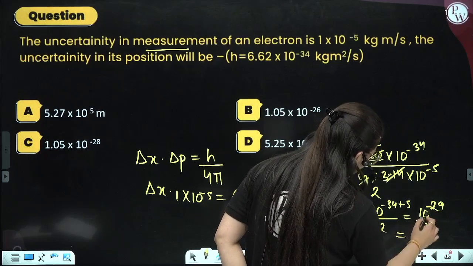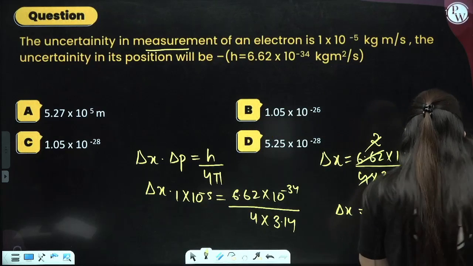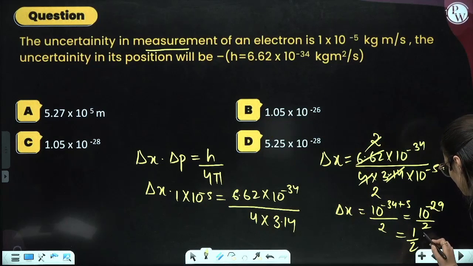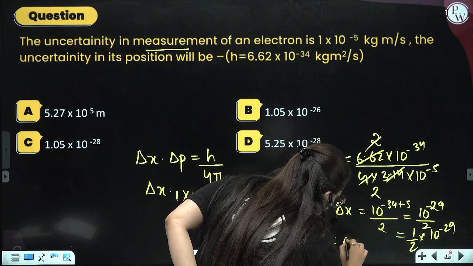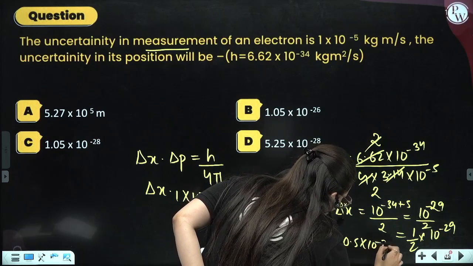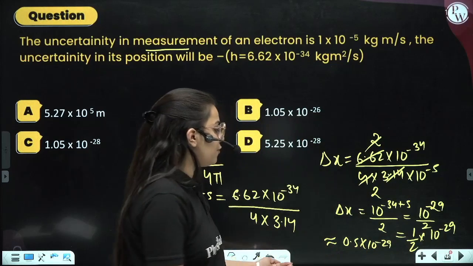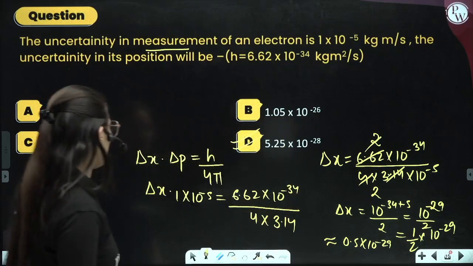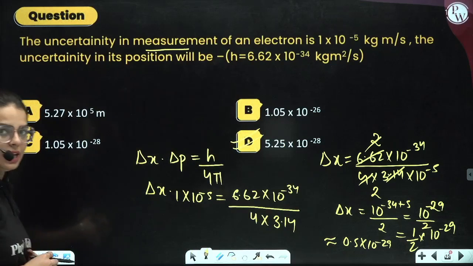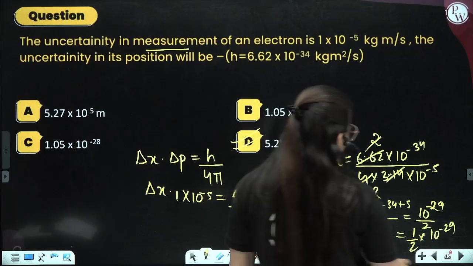I can write it as 1 by 2 into 10 raised to the power minus 29. So it is 0.5, approximate answer I am telling you, 0.5 into 10 raised to the power minus 29. So I can write it as 5 into 10 raised to the power minus 28. Approximately we'll get this answer. Great. Okay. Now let us move on to the next question of ours.